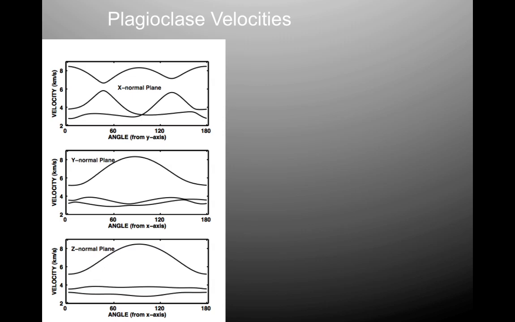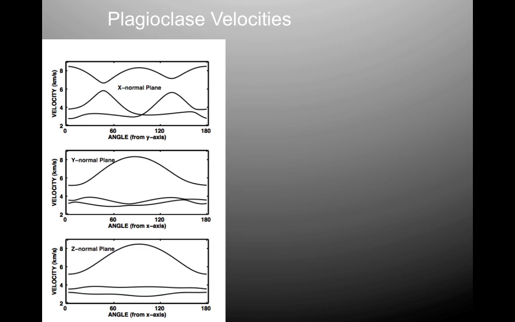If this were an orthorhombic crystal, there would be a symmetry plane about the middle at 90 degrees as one goes from the one axis through to another axis. The fact that it's triclinic gives the asymmetry to these plots.